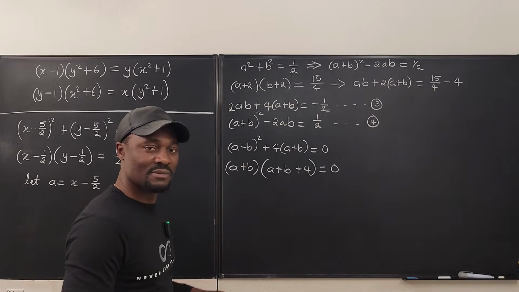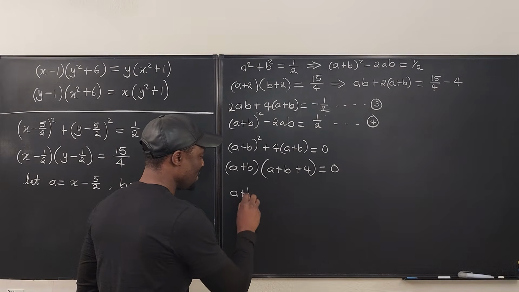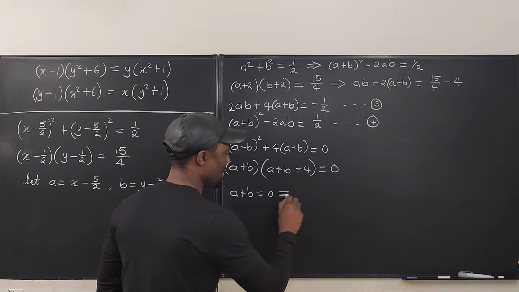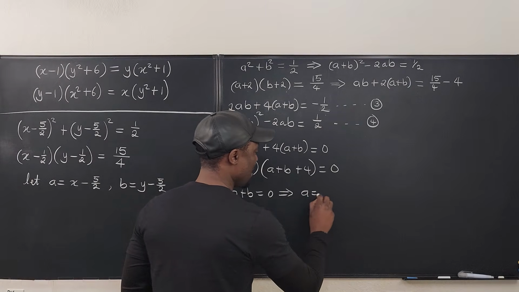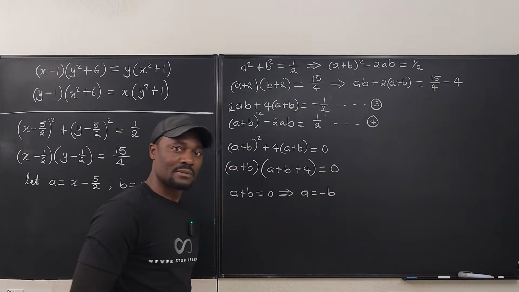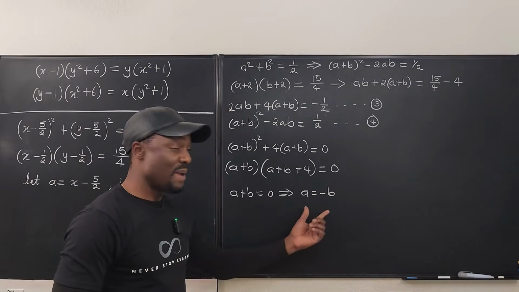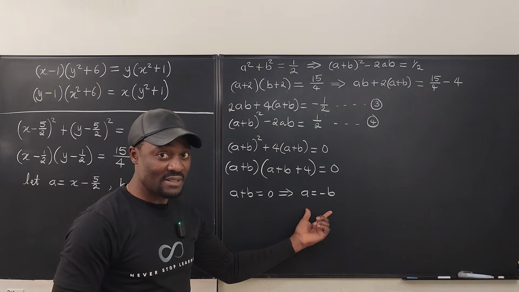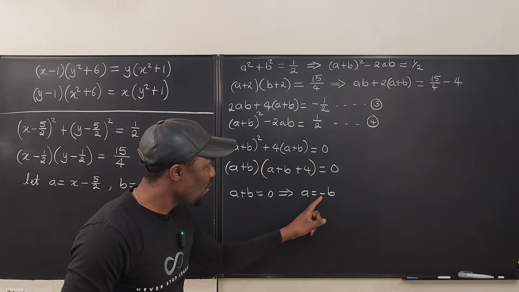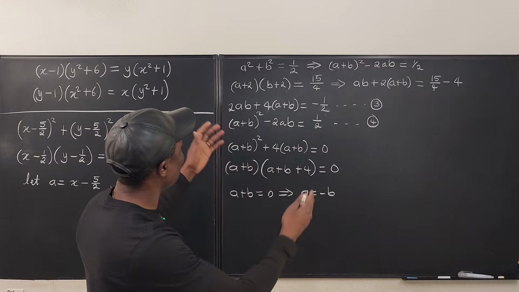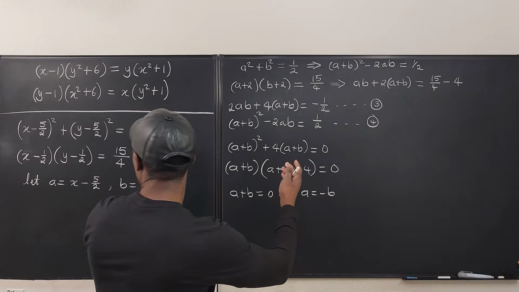Let's start with this one. A plus B equals 0 implies A equals minus B. Remember, I told you we can always find an answer. So if A is equal to minus B, we can go to some simplified version of this.